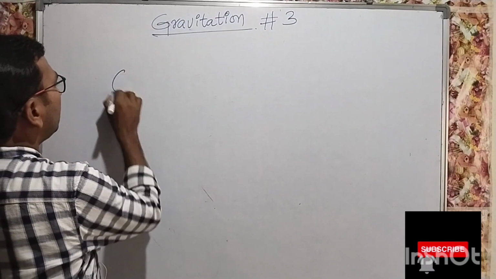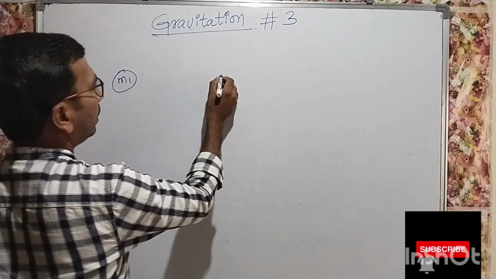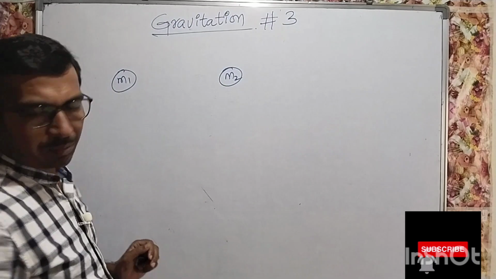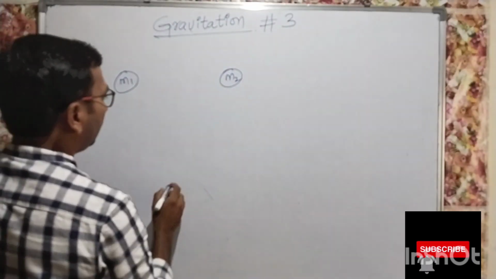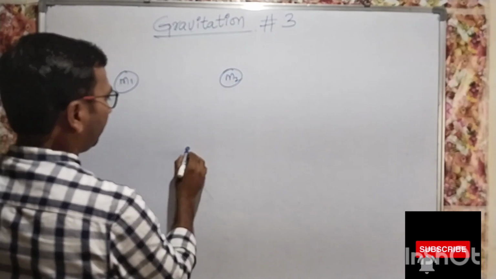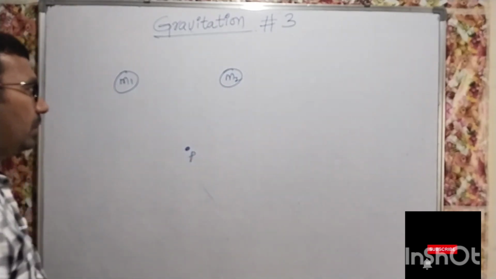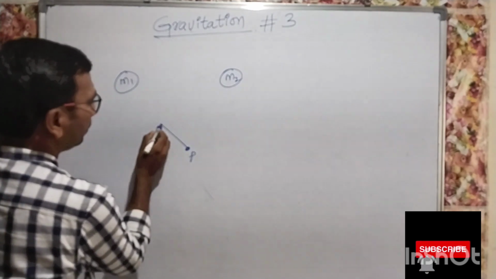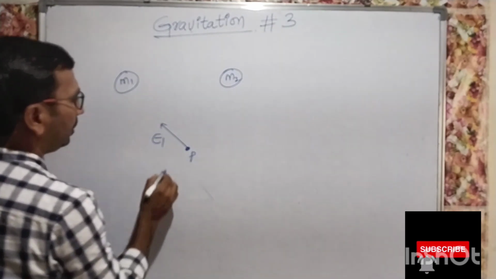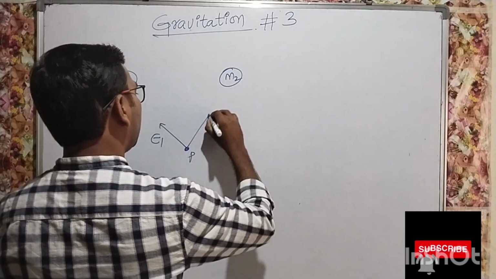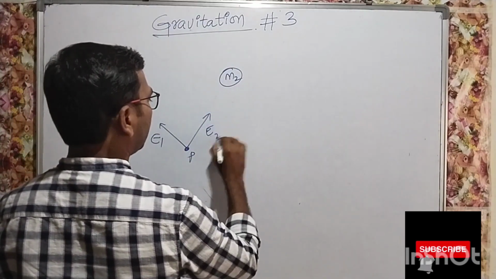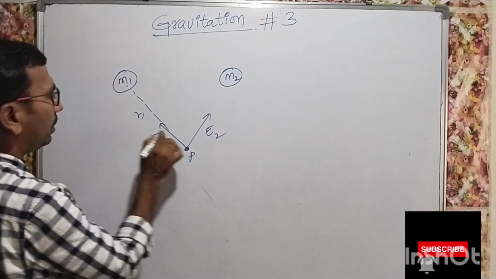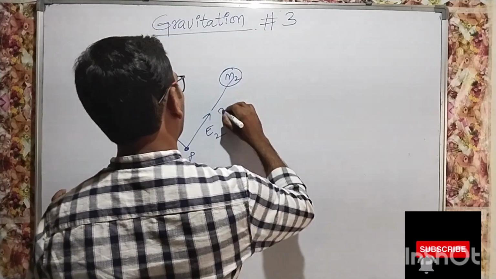Two masses: this is mass m1 and this is mass m2. Find the field at point P. Due to this mass, the gravitational field acts in this direction, which I will call E1. Due to the other mass, the gravitational field acts in this direction, E2. The distance here is R1 and here is R2.